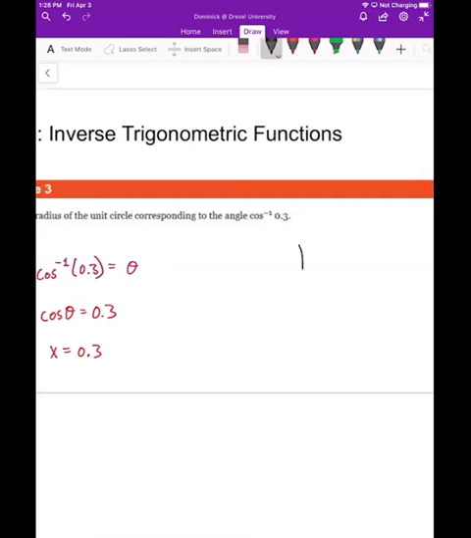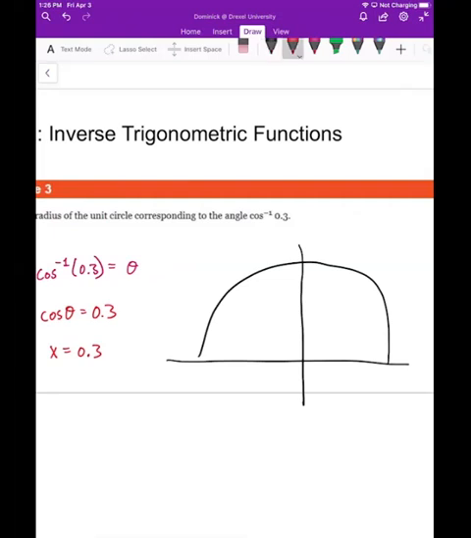Again, you can do this with or without a calculator. Since we are looking at the inverse cosine, I'm only looking at the top half of the unit circle. Now, where is x equal to 0.3?